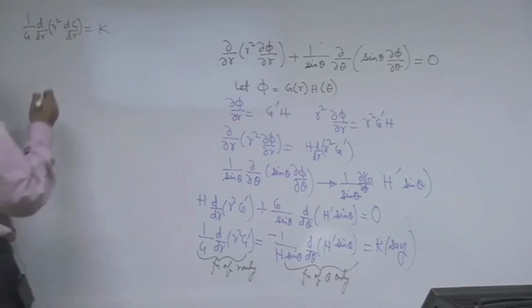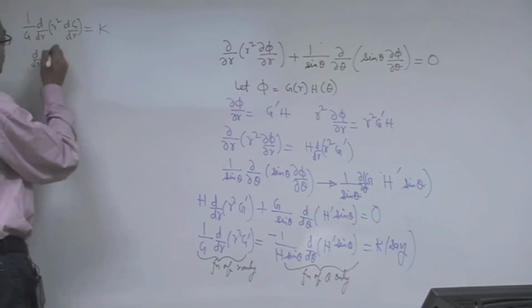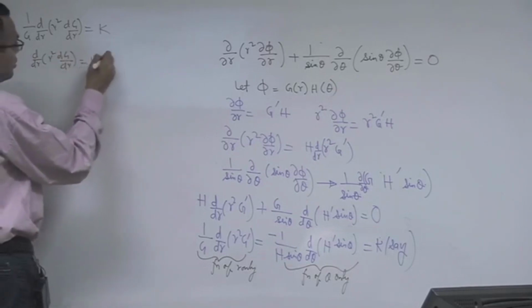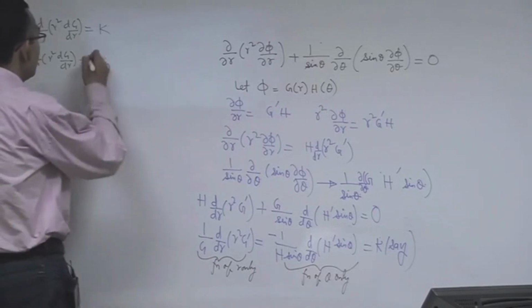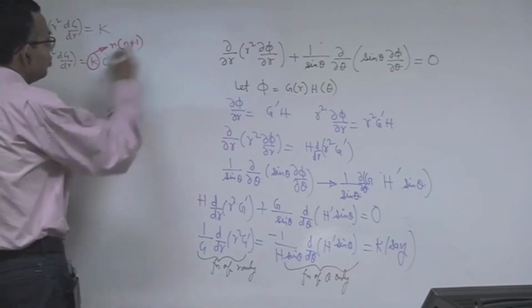So, d/dr of r² dg/dr is equal to kg. A typical standard form of this equation is recovered by replacing k with n into n plus 1.